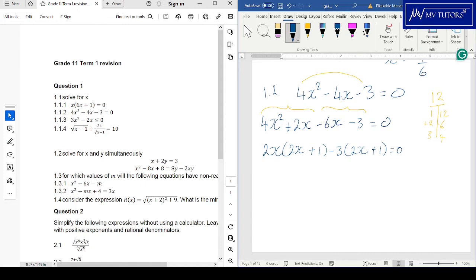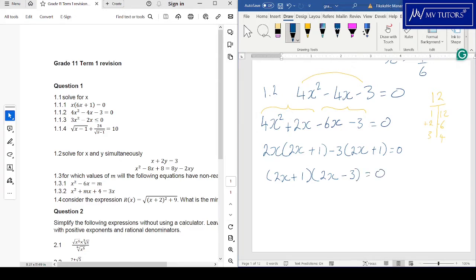Now I need to factorize by taking out the common factor, which is (2x + 1). And then to get this expression, multiply that with just 2x. And then to get that expression, multiply that with just -3. That equals 0.